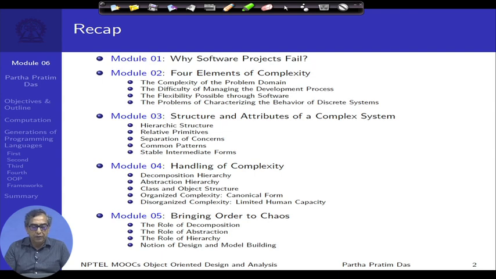And from this module onwards, we will slowly start engaging these techniques, these strategies into actually analyzing different real world situations to develop their software systems, to design their software systems.